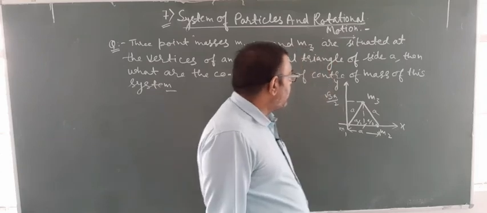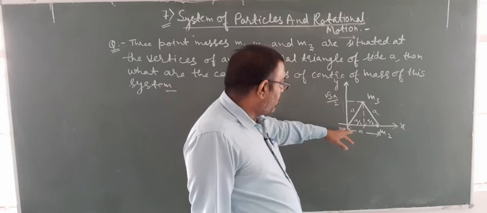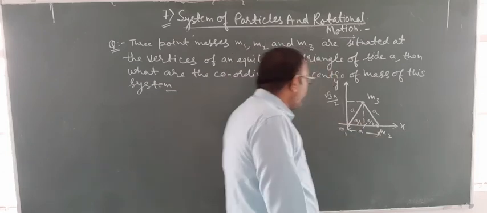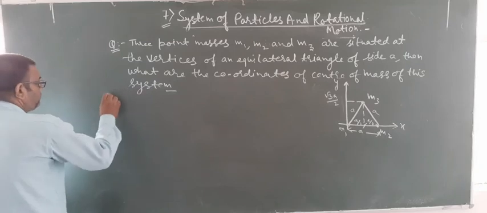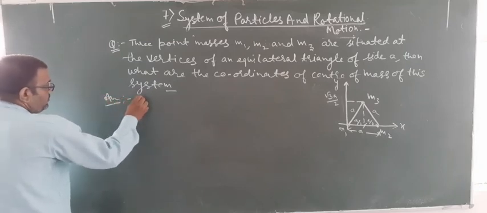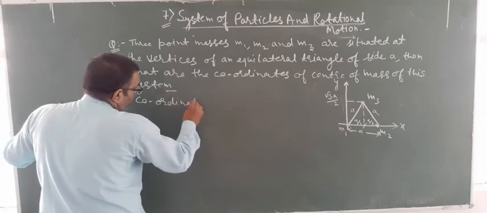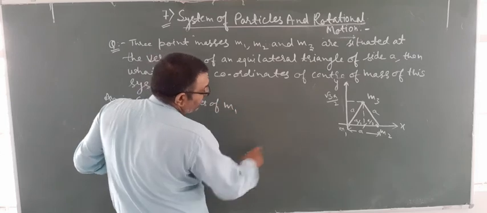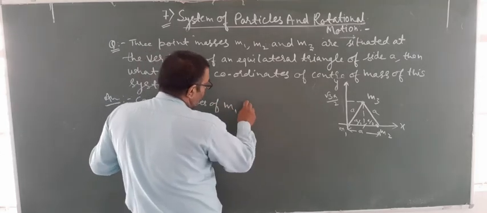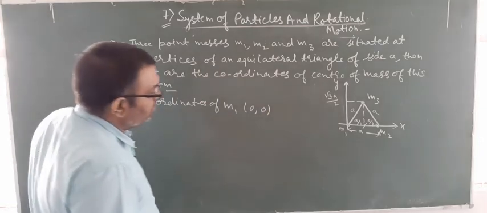So this is the xy plane. Now we have to find the coordinates of M1, M2 and M3. The coordinates of M1: since it is situated at the origin, its x and y coordinates are 0, 0.